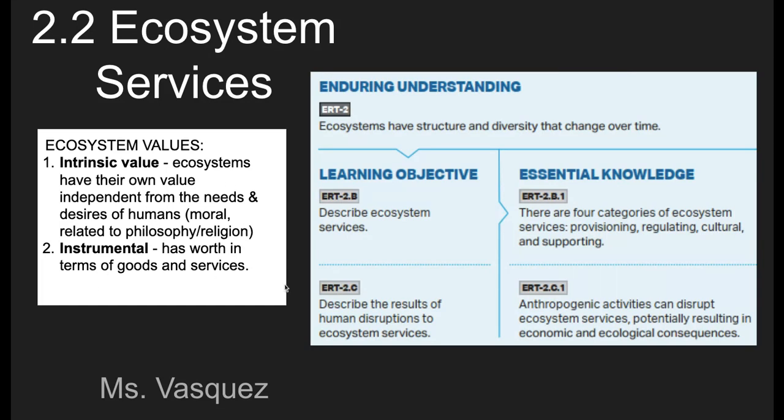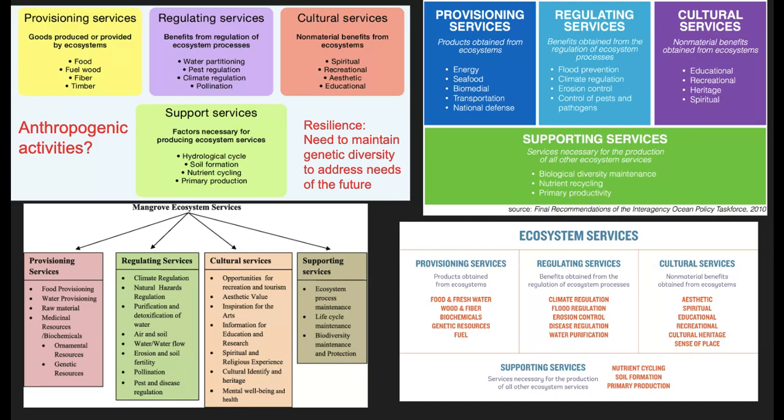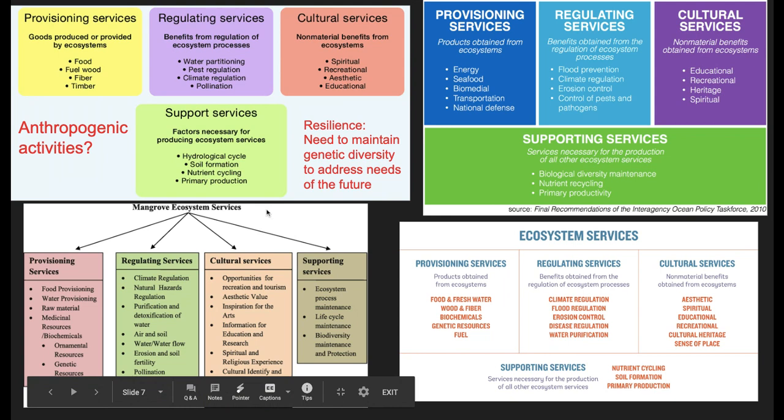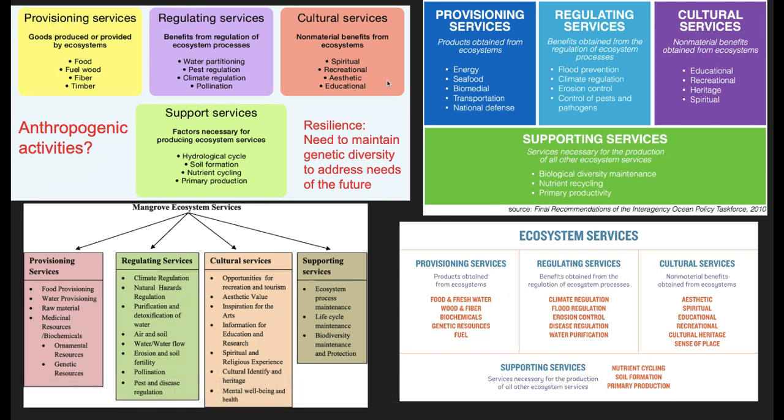Now, instrumental is because it has worth in terms of goods or services. So the other value of an ecosystem is instrumental because it's going to provide some kind of good or service for humans. Okay, I'm not going to go through every single one of these. These are the same thing, but I wanted you to have, I know you already have a chart for all the ecosystem services.